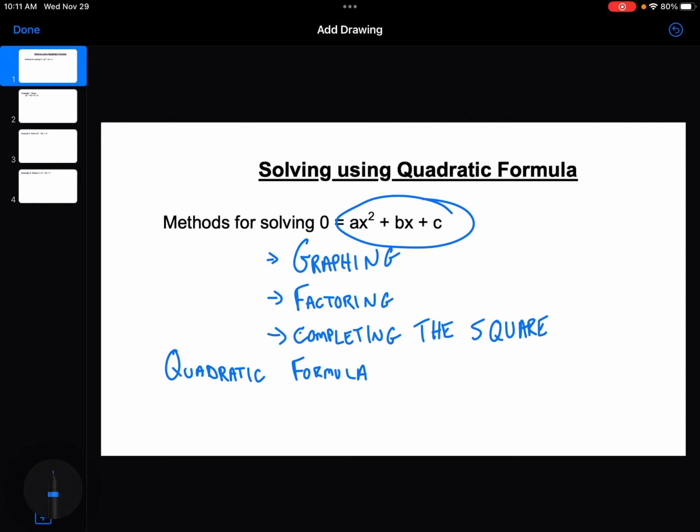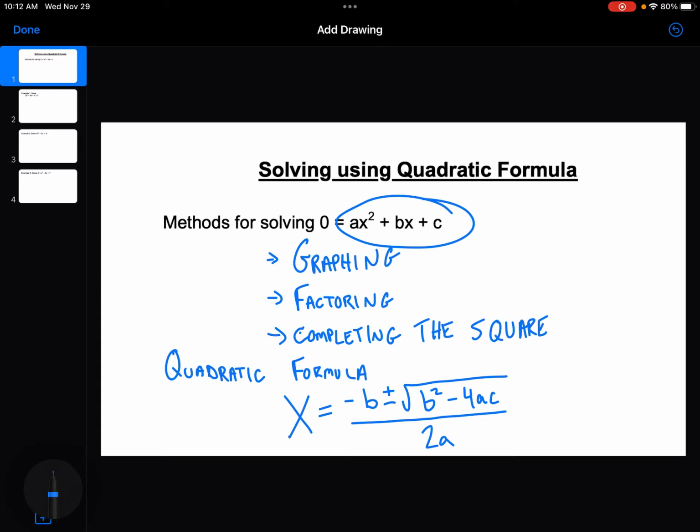But for now, what we have to recognize is that x equals negative b plus or minus the square root of b squared minus 4ac, all divided by 2a. This allows us to have more than one answer because we have that plus or minus.